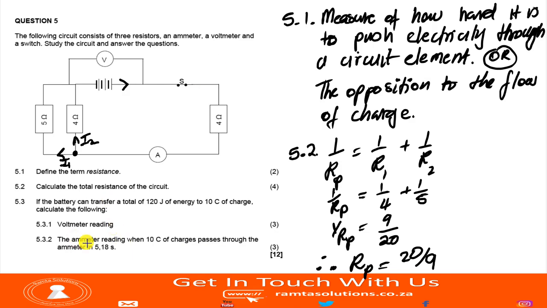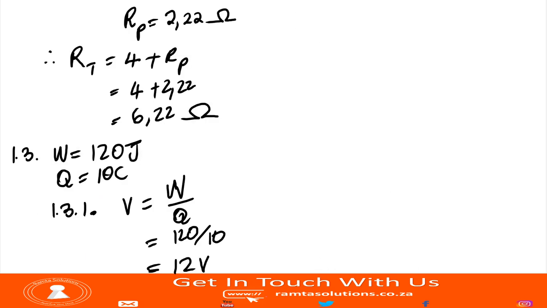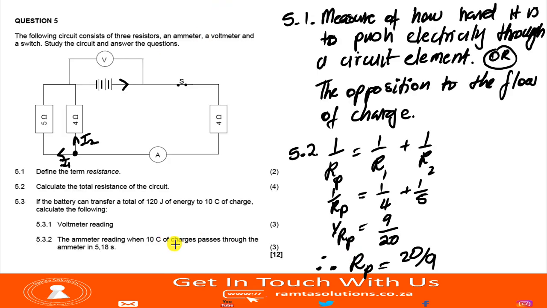Now, the next question, 5.3.2. I don't know why I said 1.3 earlier, let me sort it out. 5.3.2 says the ammeter reading when 10 coulombs of charge passes through the ammeter in 5.18 seconds.